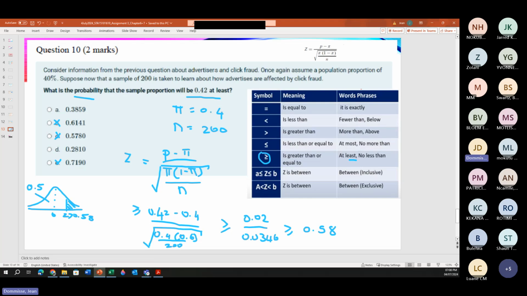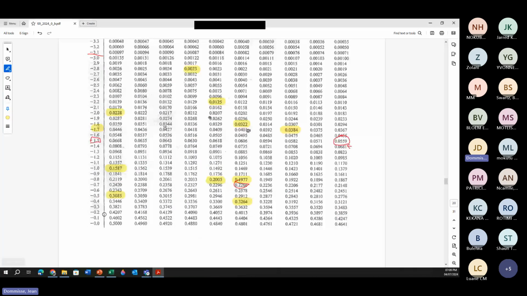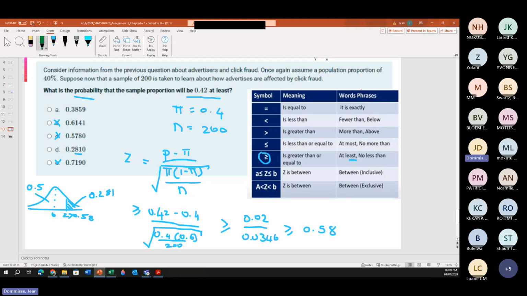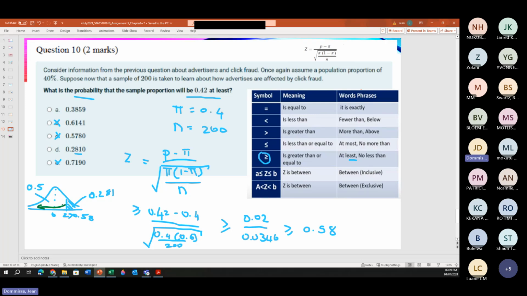So again, we can do 2 things. We can go to the negative table where Z is equal to minus 0.58. That will give us the answer straight up: 0.281. Okay, so 0.281. Or we could have said, okay, we're going to use the positive table, but then we need to say 1 minus the green area.